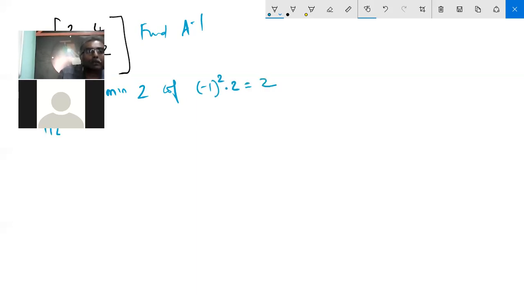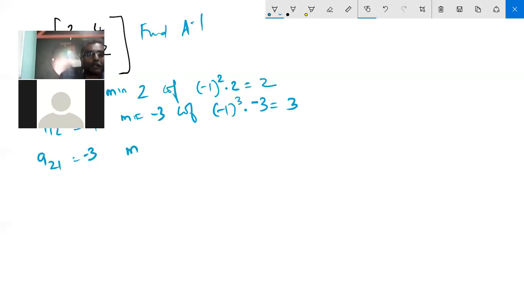a of 1,2 is 4. What is its minor? -3. Cofactor is -1 to the power of 3 into -3, which is +3. Very good. a of 2,1 is -3. What is its minor? Student: Uncle, quick question, there is -3, so -1 to the power of 3 into -3? Teacher: -1 to the power of 3 is -1, into -3 is equal to 3.